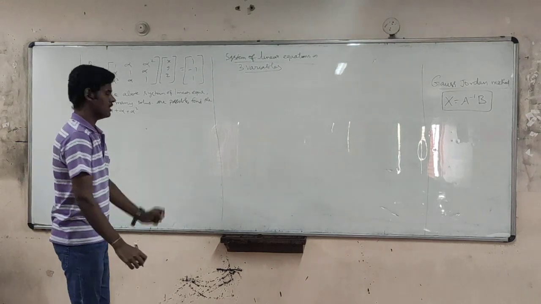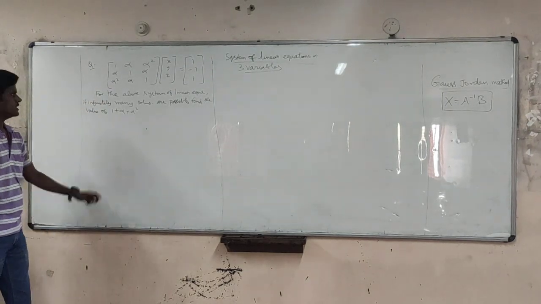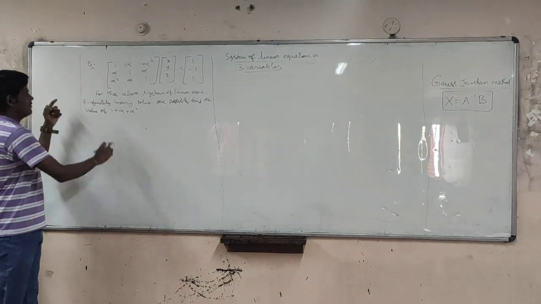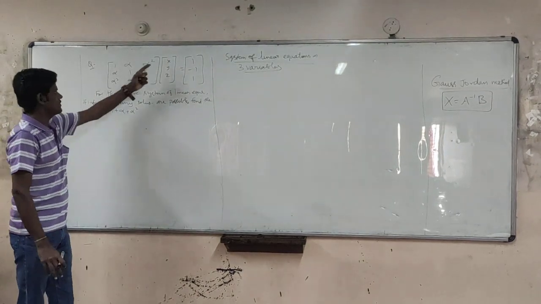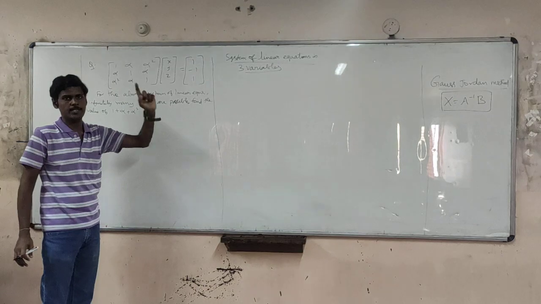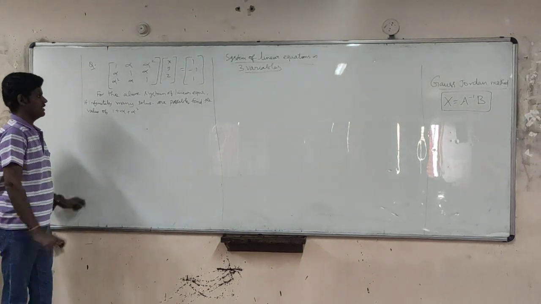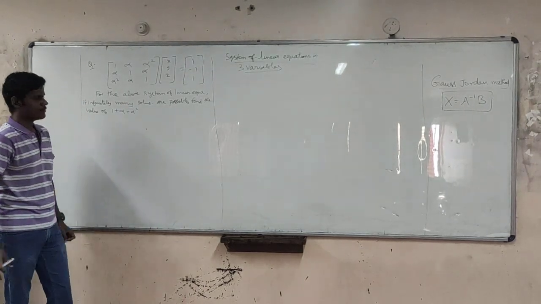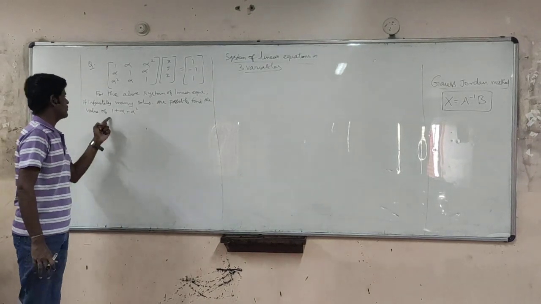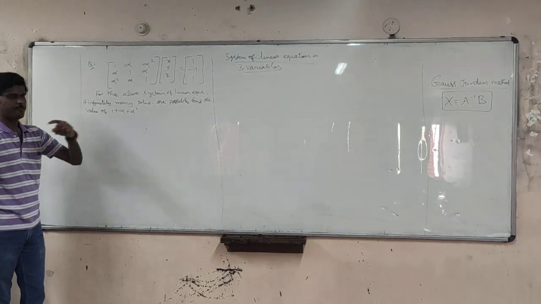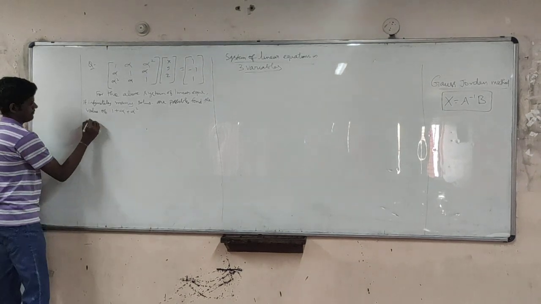Right? This is our question. You understand what the question is? For the given system of linear equations in 3 variables x, y and z, infinitely many solutions are possible. So now we need to find the value of alpha.